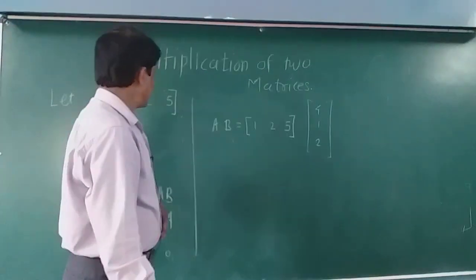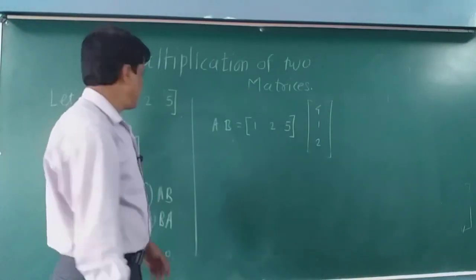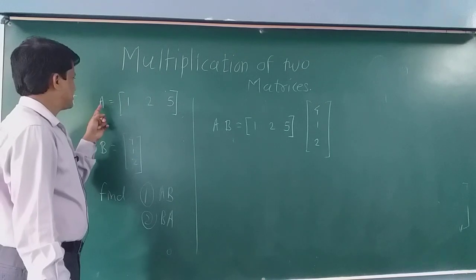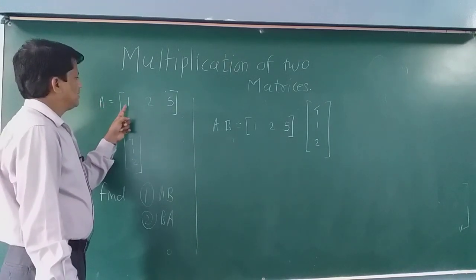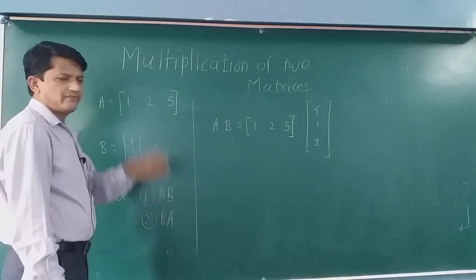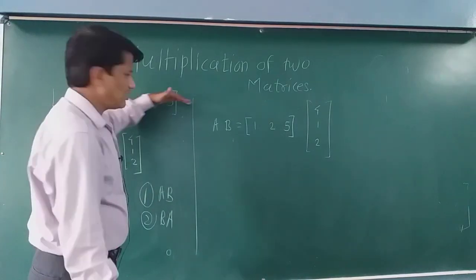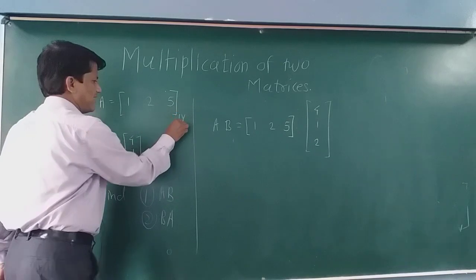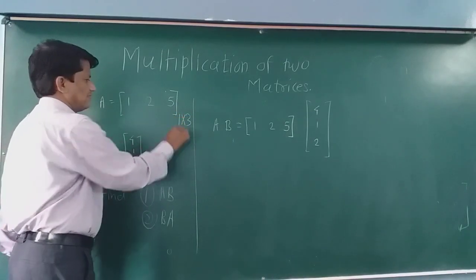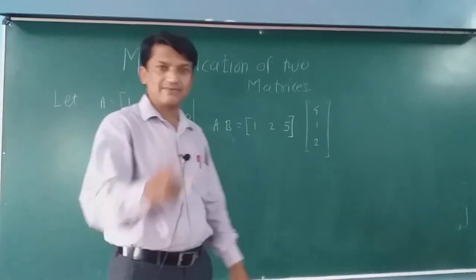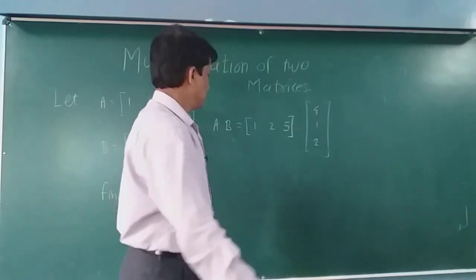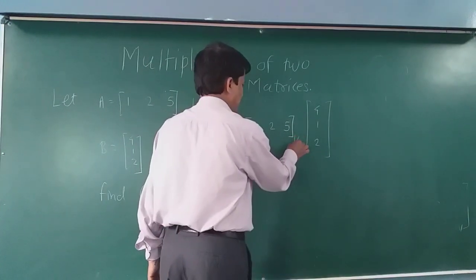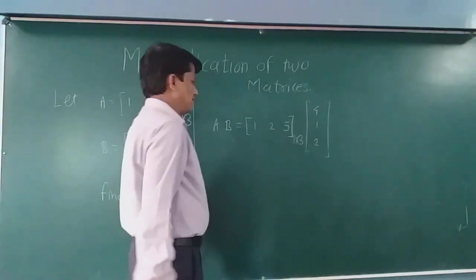Write first the order of the matrices. Look here, in our first matrix the numbers are 1 2 5. Only one row is given, so this is a row matrix. So the order is 1 by 3.